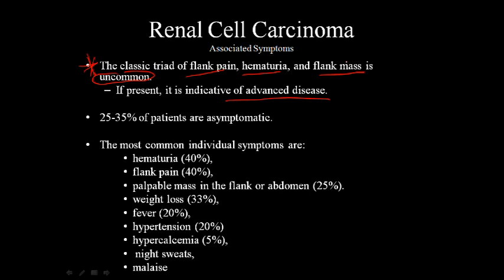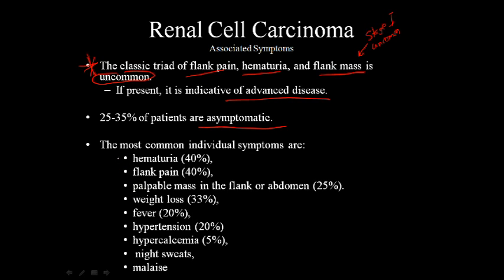So usually patients that have stage 1 renal cell carcinoma don't have this. 25 to 35% of patients are asymptomatic. Means it's just a finding that is really not what you were expecting. And that's kind of what happened with our security guard. It wasn't really what anyone was expecting. Just knew that something was wrong.